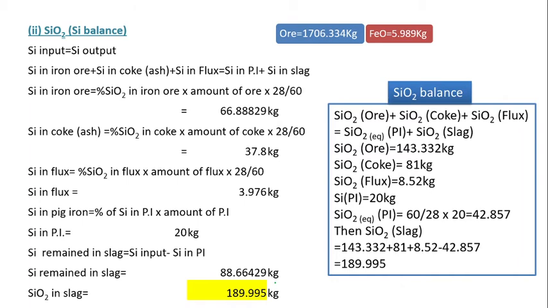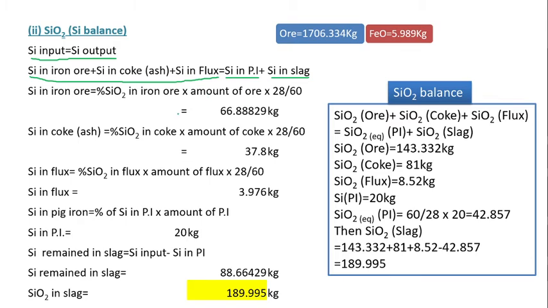Regarding the silicon balance, the silicon input should be equal to silicon output, as we know it is a balancing condition. So silicon in the iron ore plus silicon in coke ash plus silicon in flux are the input, equal to silicon in pig iron and silicon in slag. We know that silicon in iron ore, in the ash, in the flux and in the slag is in the form of SiO2, but silicon in the pig iron is in metallic form.